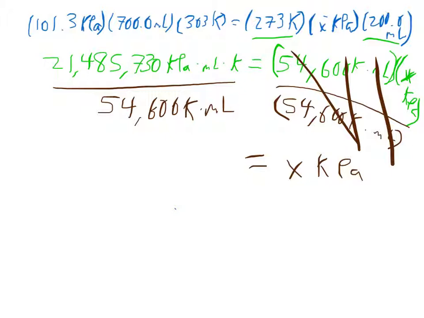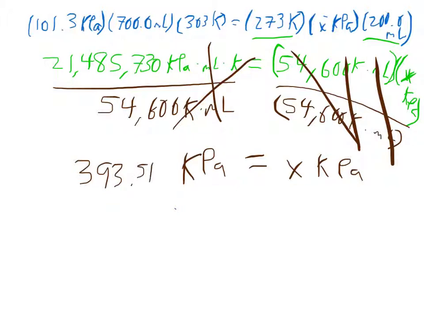On the left side, the units milliliters cancel, the units Kelvin cancel, and the only unit that doesn't cancel is kilopascals. And then the next step is you need to divide the top number by the bottom number, and that gives you 393.5115 kilopascals.